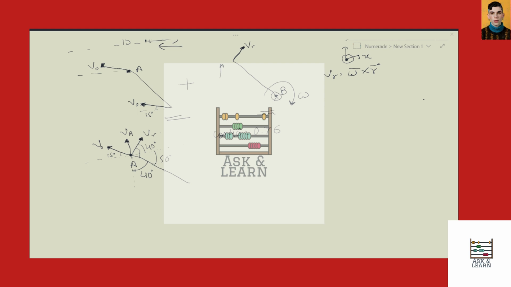Sine 40 degrees is 0.64. Cosine 15 degrees, let's find that out.